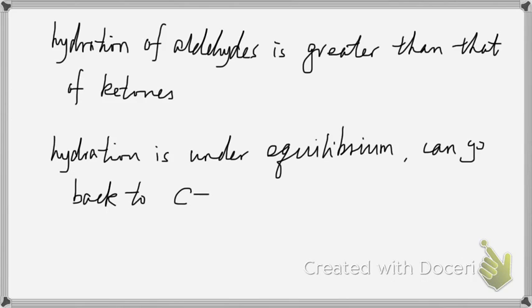And also, hydration is under equilibrium, which means it can go back to give the carbonyl. The hydrates are actually not very stable. The stable form is the carbonyl. So generally, you will not have hydrates as the final product of a reaction. Often, the ketones or the aldehydes will be the final products.